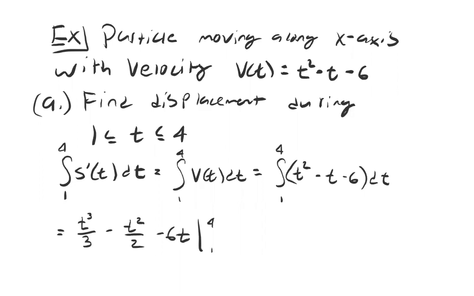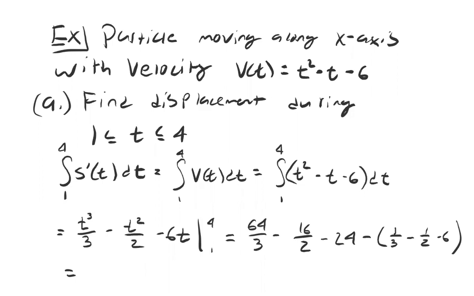Okay, so let's go ahead and do this. If I plug in 4, I get 64/3 − 16/2 − 24. This is what happens when I plug in 4 into the function. Subtract off what I get when I plug in 1, so this is going to be minus (1/3 − 1/2 − 6). 64 over 3, I don't think simplifies.